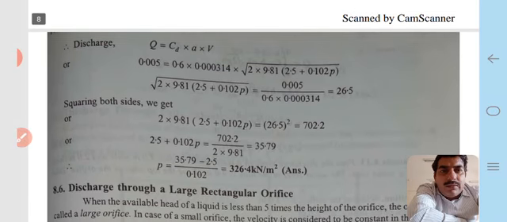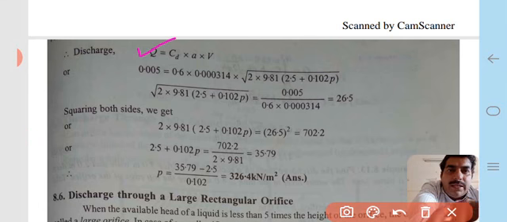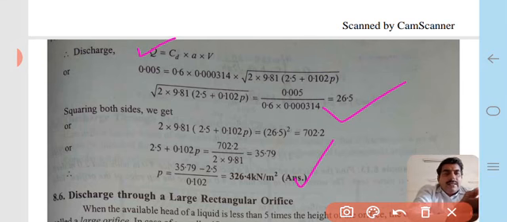Therefore discharge Q is equal to CD into A into V, and it is to be 26.5, and squaring both sides, and putting this value in the above equation, we get the applied pressure at the container as 326.4 kilonewton per meter square.